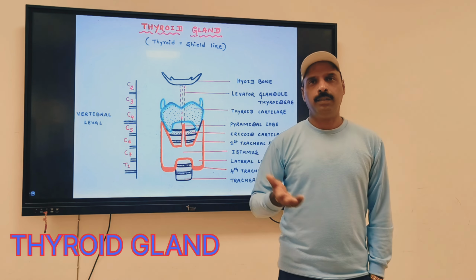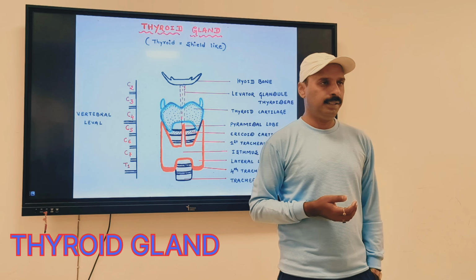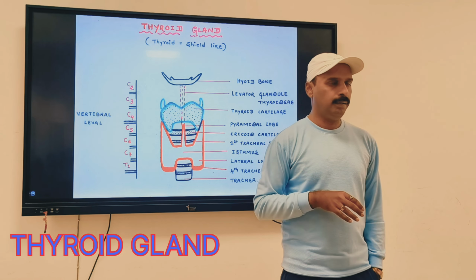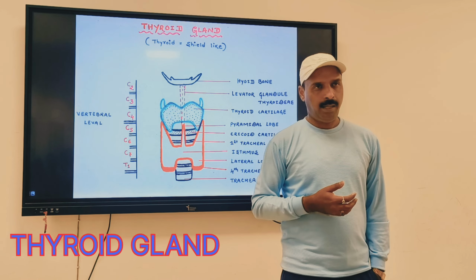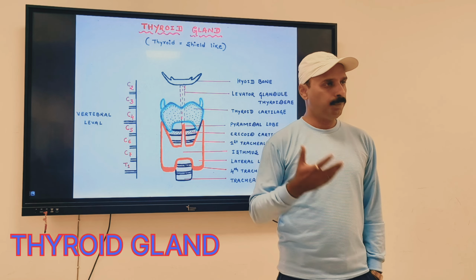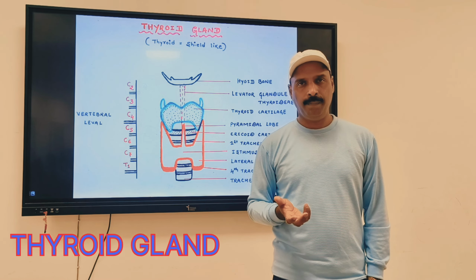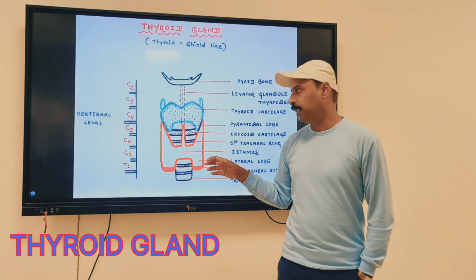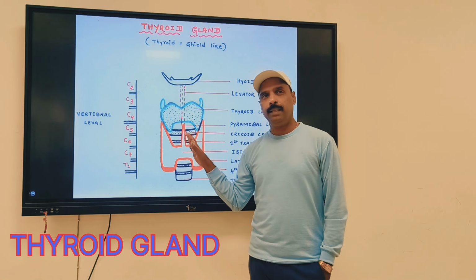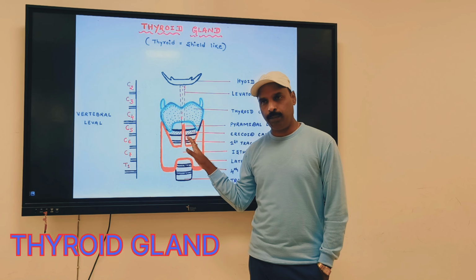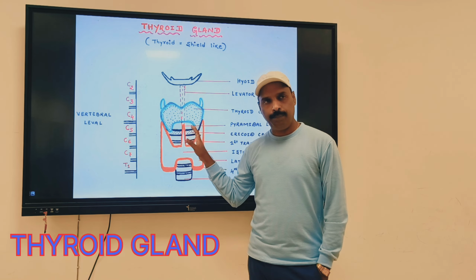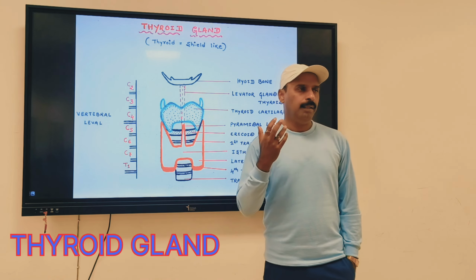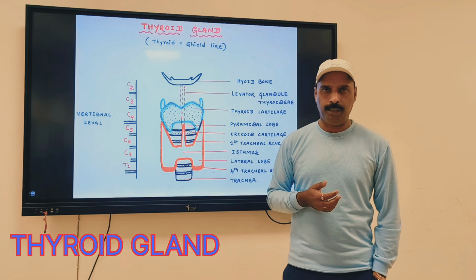Psychic relates to your brain and intelligence, and somatic, soma meaning body, means body development.